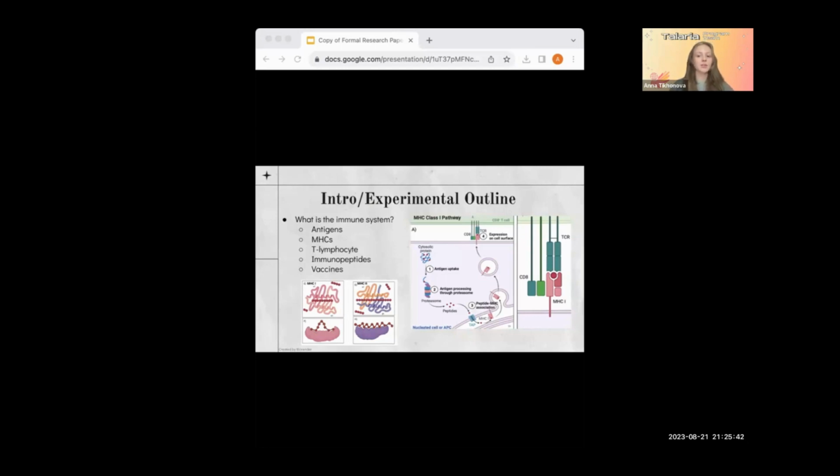The analogy I'd like to use to help you understand, which my mentor helped me with when she was first explaining this to me, is a hot dog in a hot dog bun. If you look on the far right, the red dot in the MHC1 picture is representative of the hot dog inside the hot dog bun, which is the MHC.